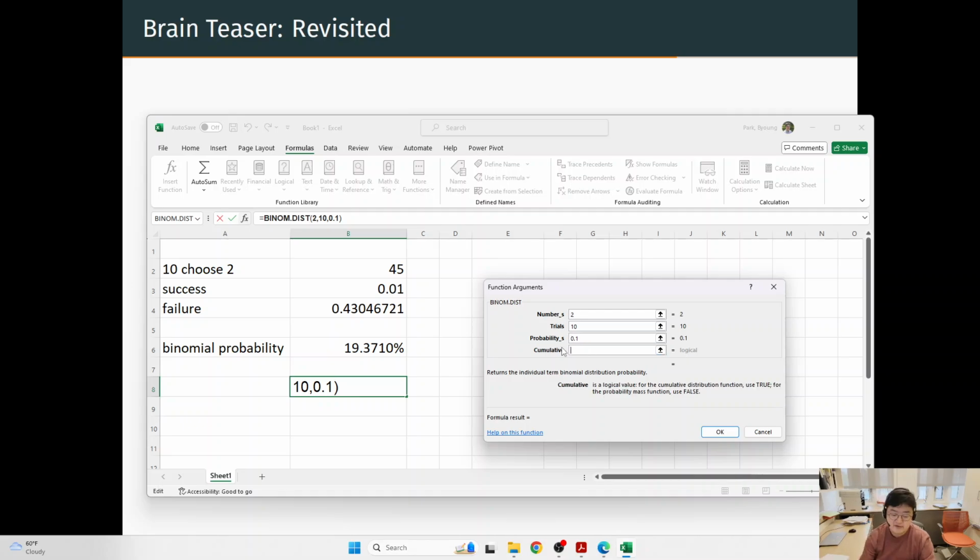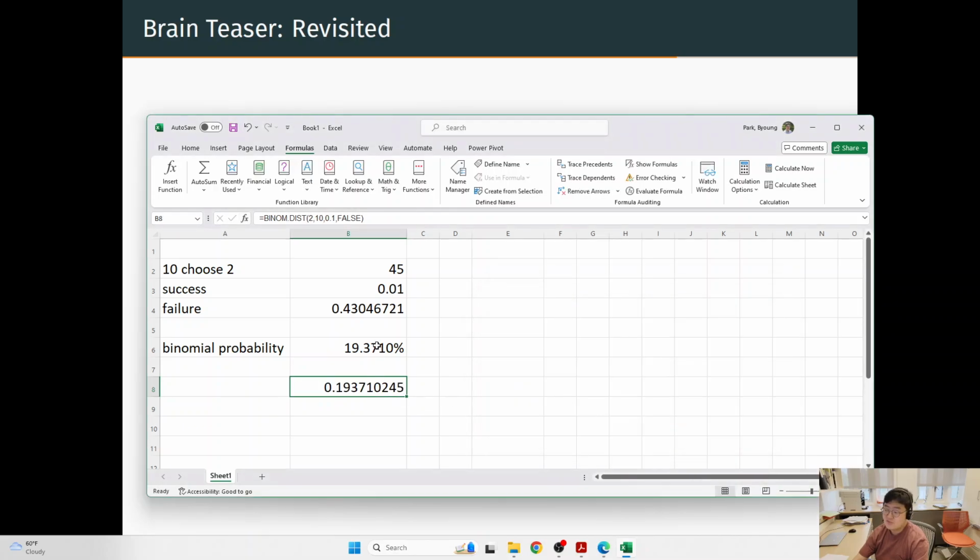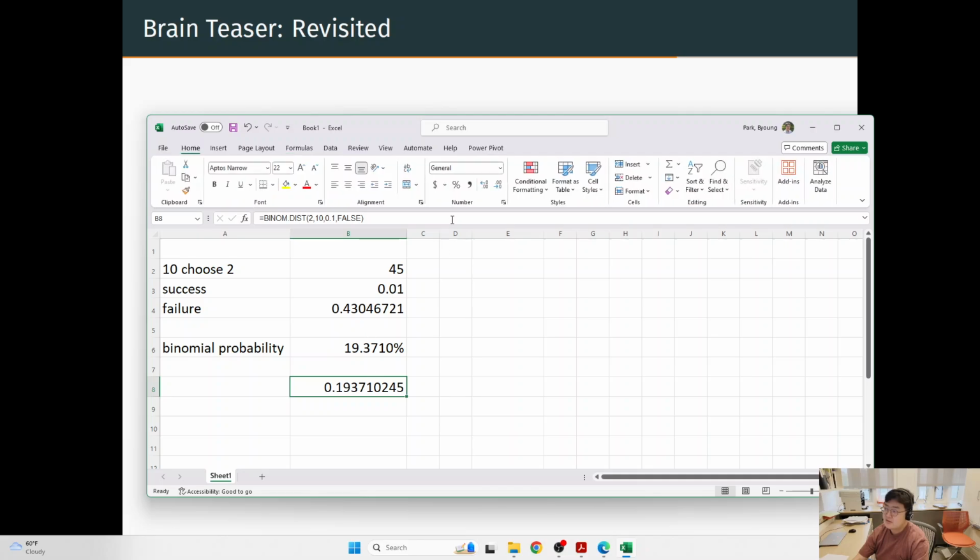And cumulative: you have to enter either false or true here. We learned cumulative probability in the previous chapter, but now we are not interested in cumulative. So I say false, then okay. You get the same number, right? So same probability here.